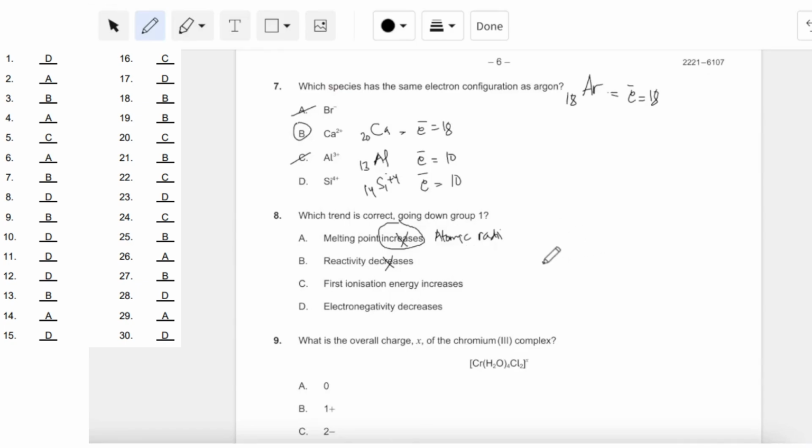If the atomic radius is bigger compared to a smaller one, it is easier to lose the electron, so the ionization energy required to lose this electron is lower compared to this one. So down a group, ionization energy decreases. So obviously the answer will be D.